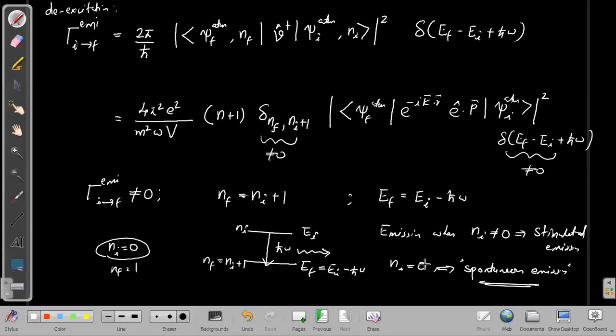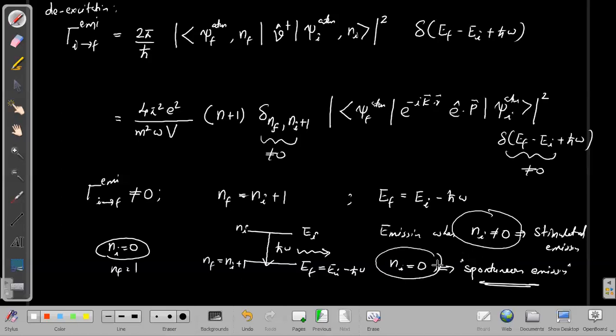Anyhow, this is what we wanted to discuss in this session. This session basically discusses induced emission and induced absorption, which are absorption and emission in the presence of photons, that is, when the initial number of photons is non-zero. The other emission is called spontaneous emission.